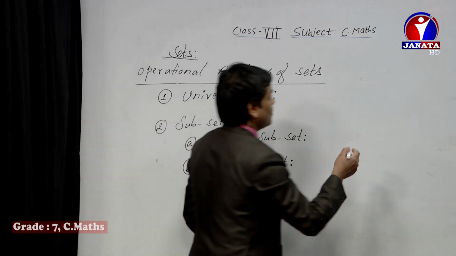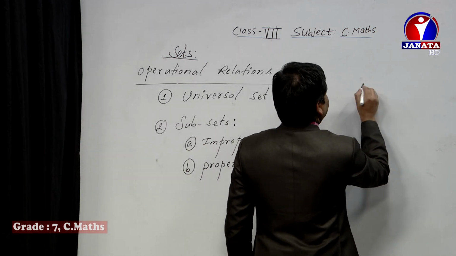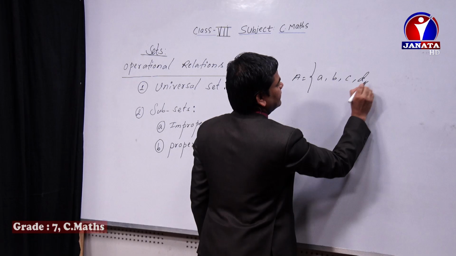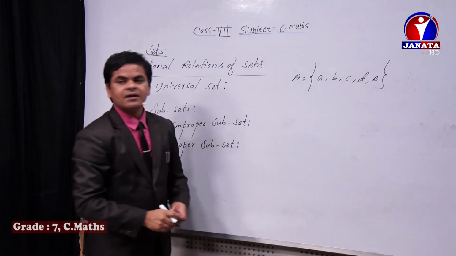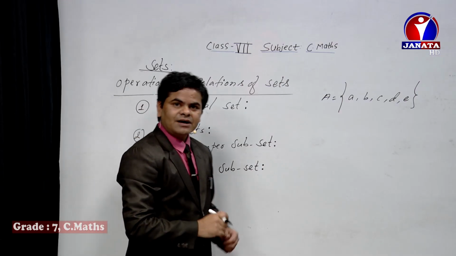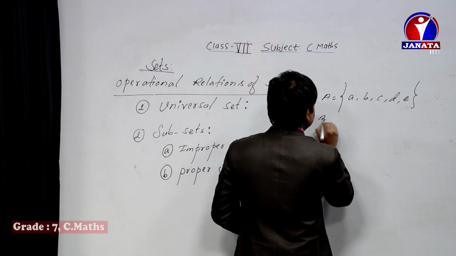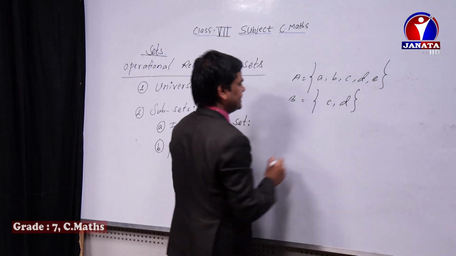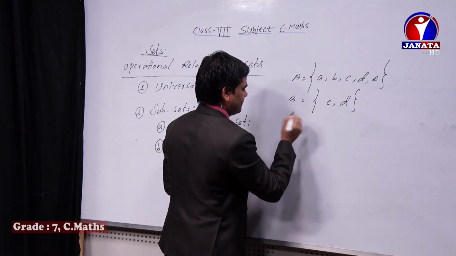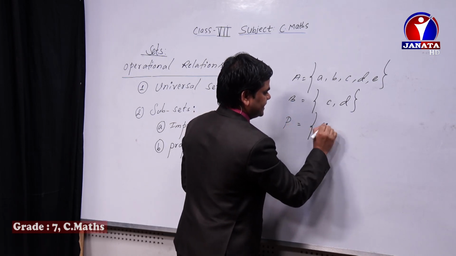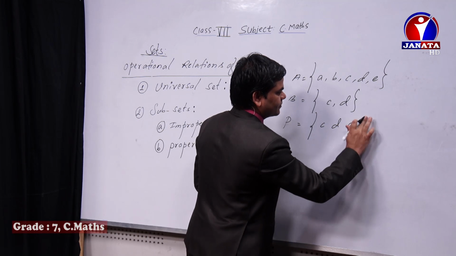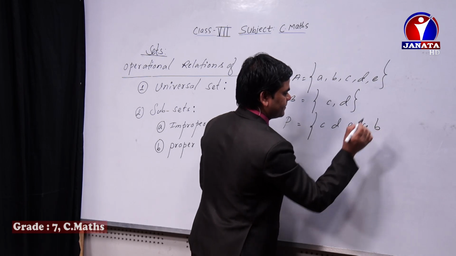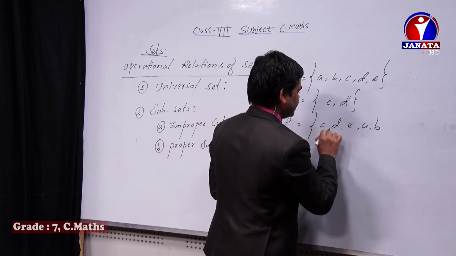So let's focus on one example. Let's take set A as A, B, C, D and E. I have taken only 5 elements. Now let's take another set B having elements C, D, just C, D. Then let's take another set P as C, D, E, A, B. After each element we need to keep a comma.